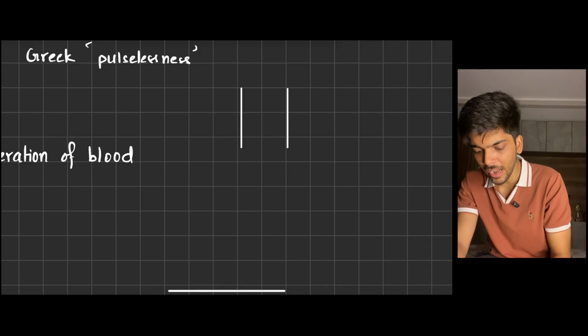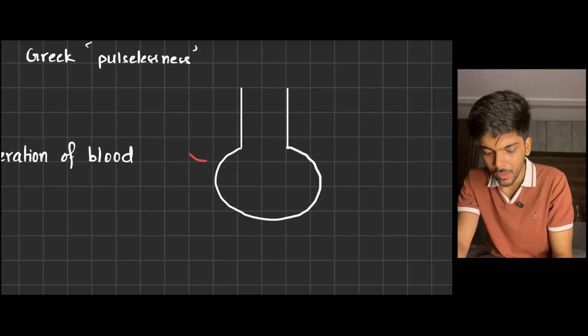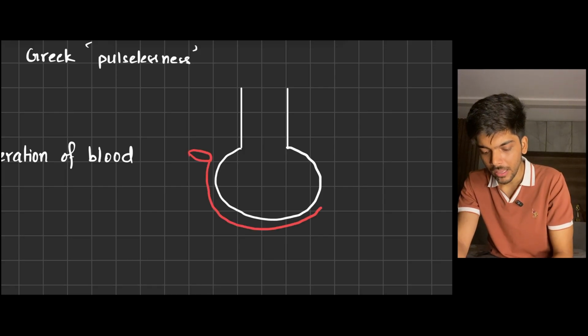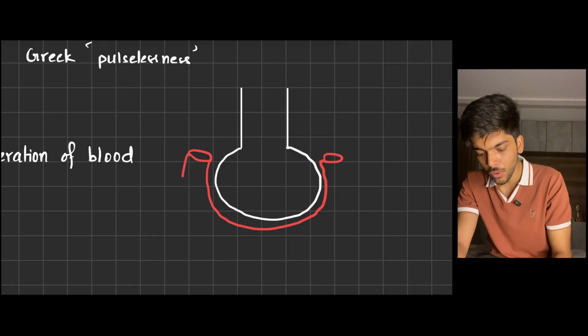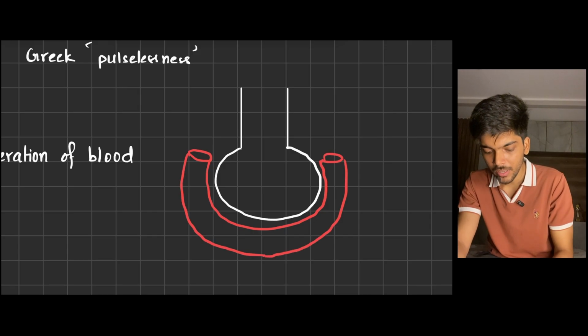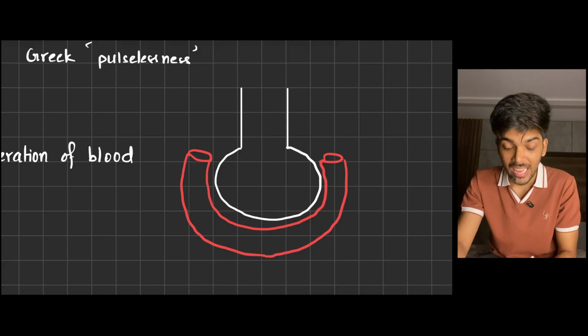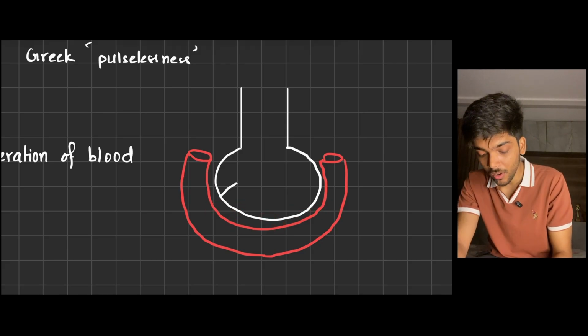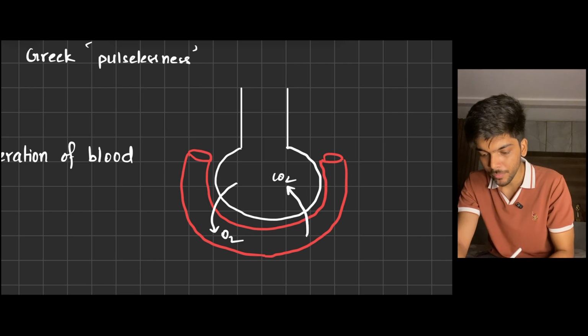Here's the respiratory tract, and the end portion of respiratory tract is the alveoli, which is surrounded by capillary. So in between the alveoli and the capillary, there's your respiratory membrane. It is at the respiratory membrane that oxygen enters the blood and the carbon dioxide leaves the blood.